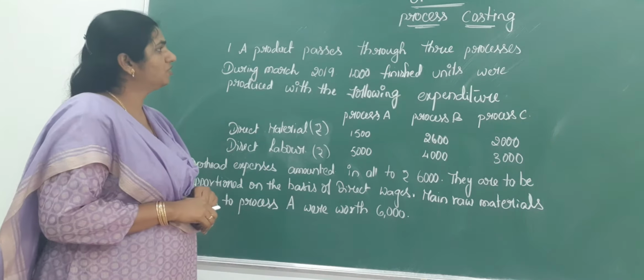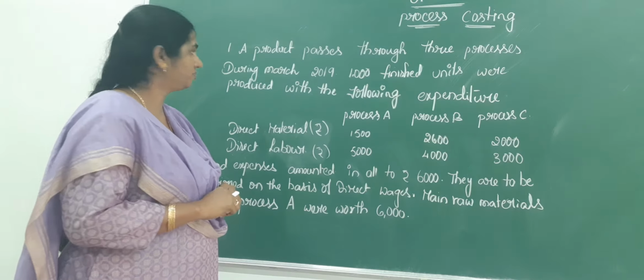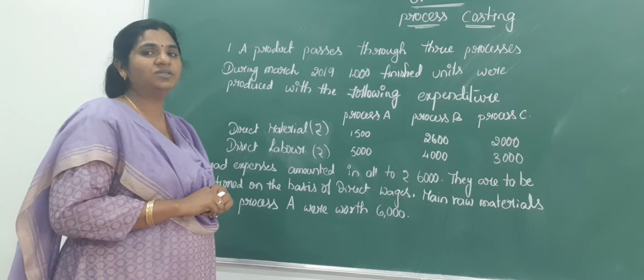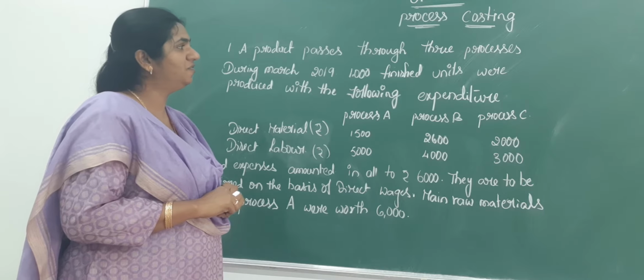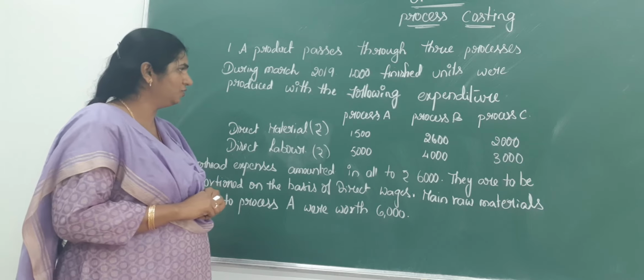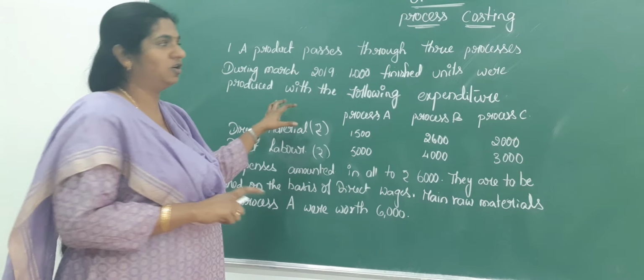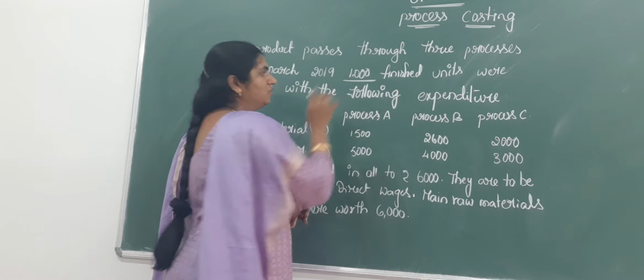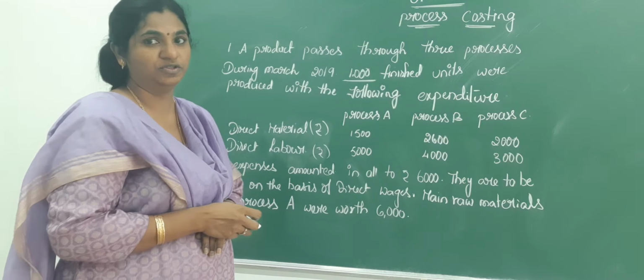A product is processed through 3 processes. During March 2019, 1,000 finished units were produced with the following expenditure. How many units are produced? 1,000 units are produced.